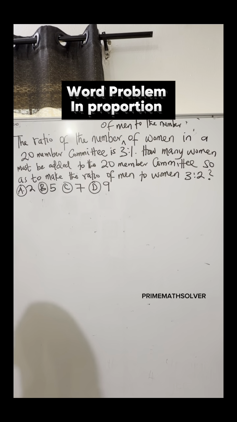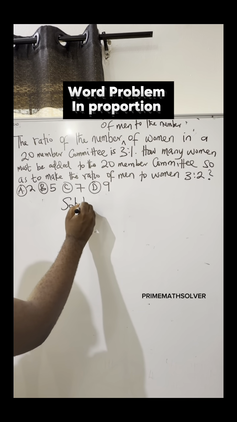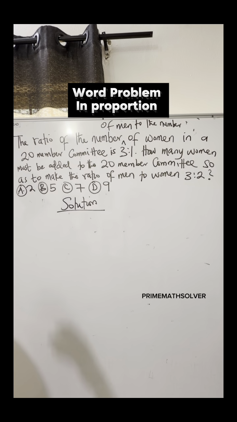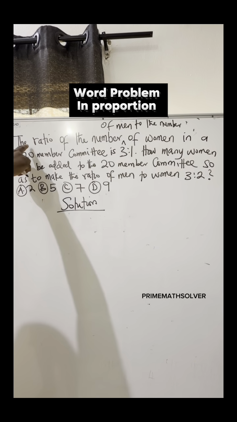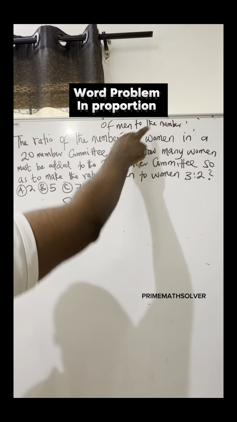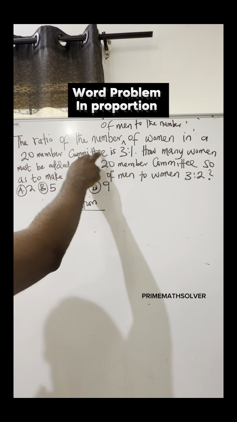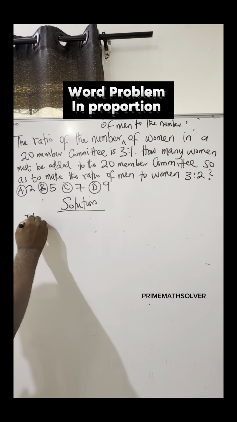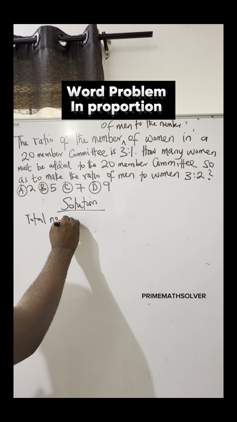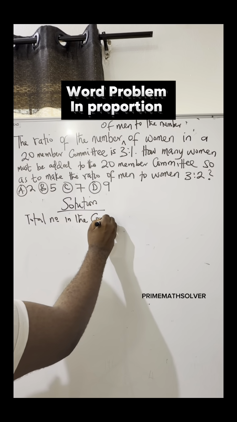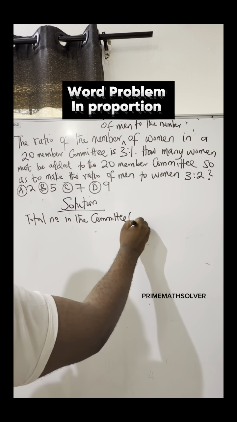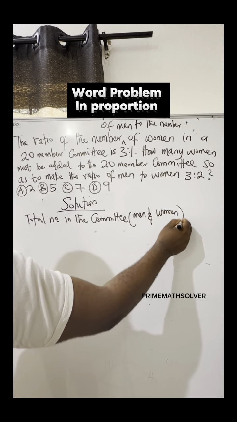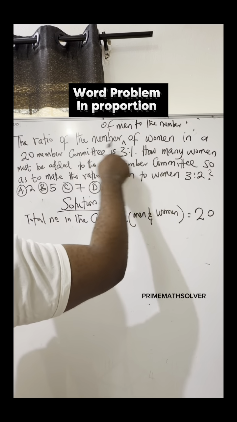Yes. So let's start by understanding the question and then we dissect it. The ratio of the number of men to the number of women in a 20-member committee is 3:1. So how many members is the total number in the committee, that comprises men and women? 20.